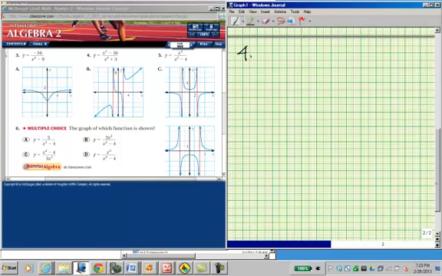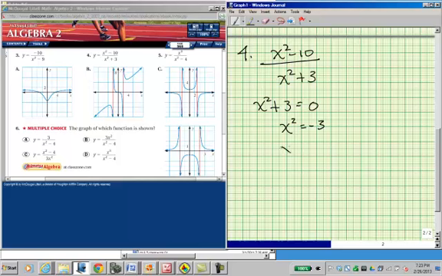Let's look at 4. X squared minus 10 over x squared plus 3. All right. Now, first let's look for vertical asymptotes. We'll take the denominator and make it equal to 0. X squared plus 3 equals 0. Subtract 3, x squared equals negative 3.